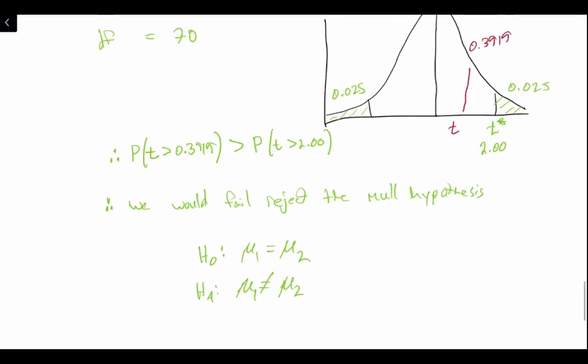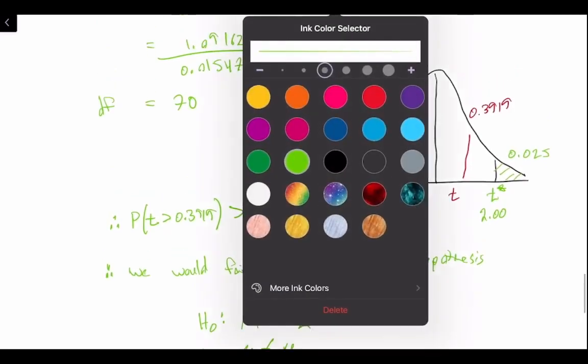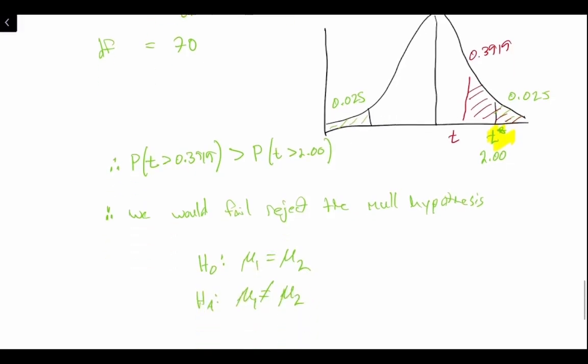In this case, because our probability is greater than 0.05, in other words, the area to the right of our t calculated is greater than the area to the right of our t critical that we highlighted right here, we would fail to reject the null hypothesis.